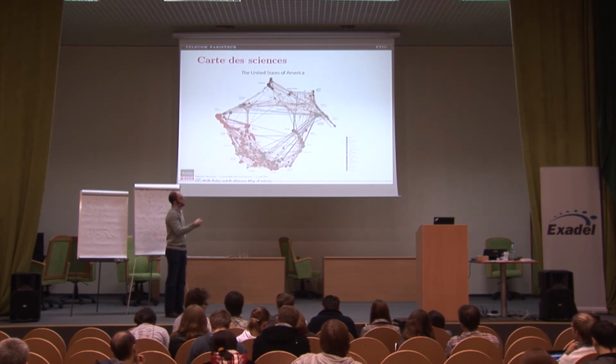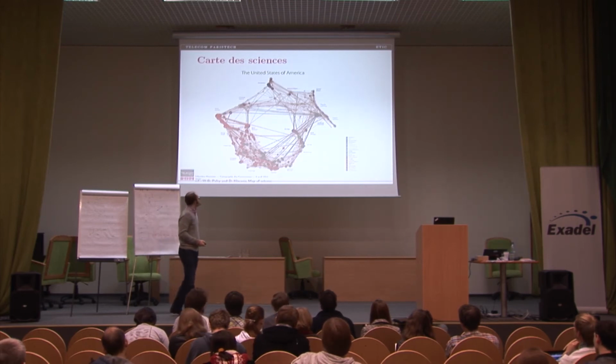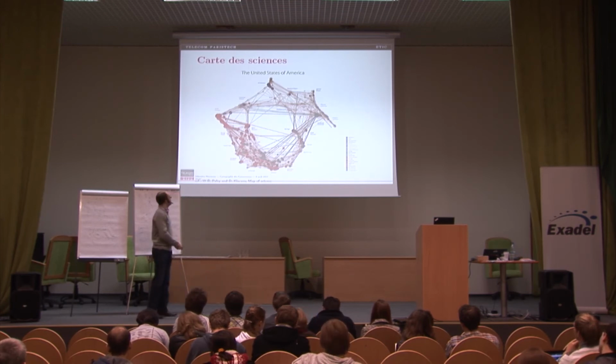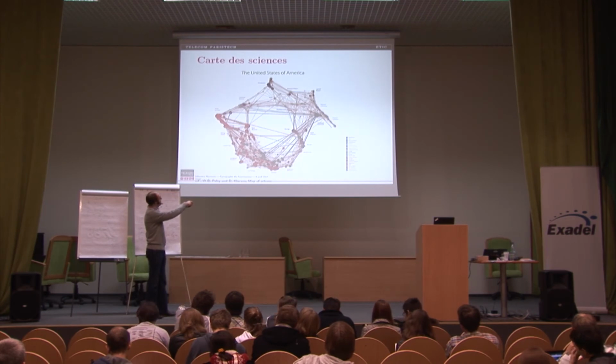And on top of that, they added a layer with different colors to identify where the Americans do the best, where they contribute the most. And so they are able to see that they are very good and very present in all these areas, but they miss good research in these particular ones.